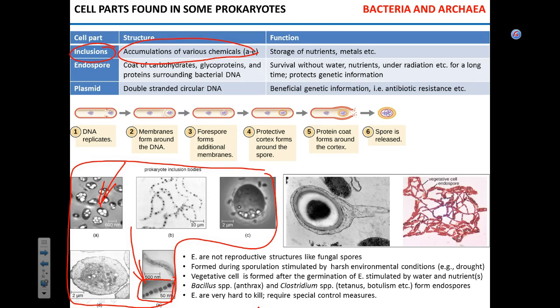Clear? One thing that I want to remind you about, we talked about it, but I want to remind you again. In a prokaryotic cell, there are no membrane-bound organelles. No organelles that are encased in a membrane. Inclusions are not surrounded by a membrane.